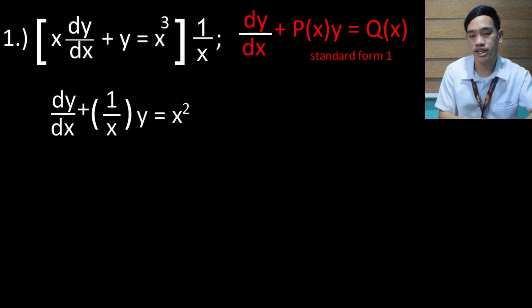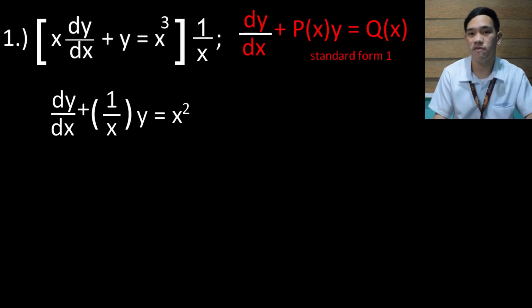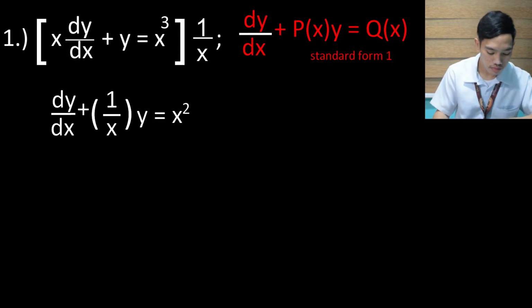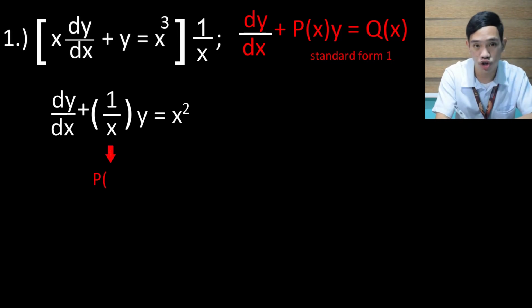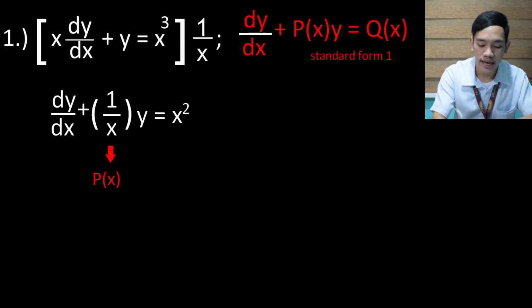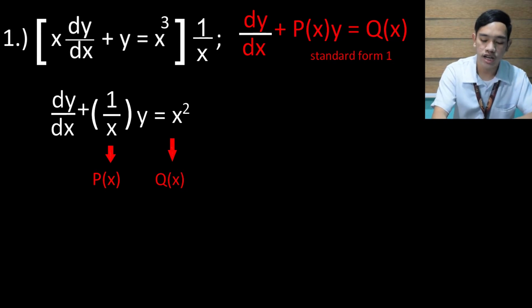Ngayon, nakuha na natin yung standard form. So ngayon, ang second step natin is to identify the p of x and q of x. Ngayon, ang p of x natin dito is 1 over x. And x squared, yun naman yung q of x natin. Ngayon, pwede na tayo mag-move on to third step.